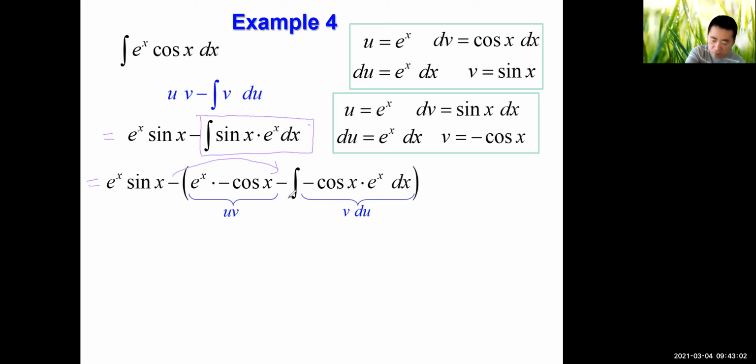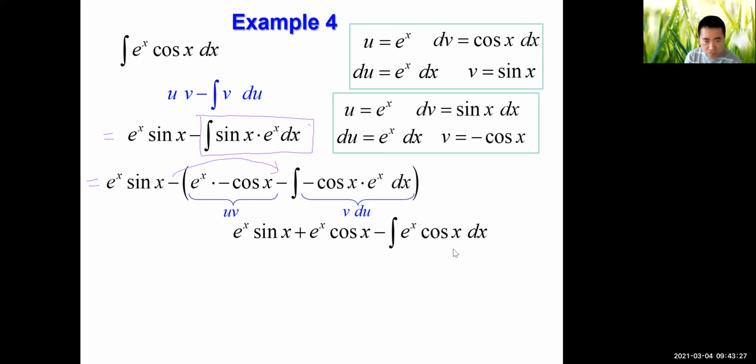So as we clean up, multiplying in the negative sign, we get e to the x sine x, and that becomes plus e to the x cosine x there. And that becomes minus the integral of e to the x cosine x dx. That cleaned up is not too bad.